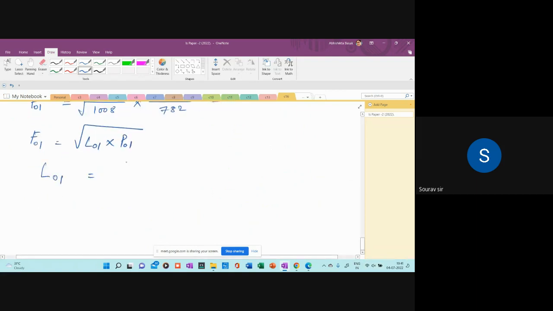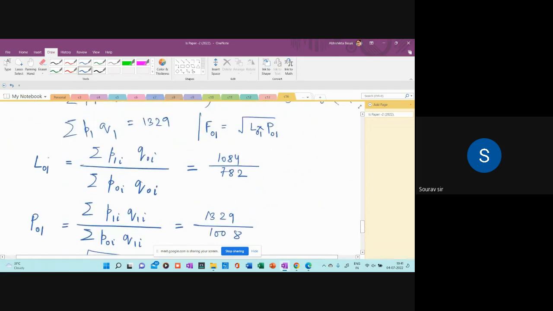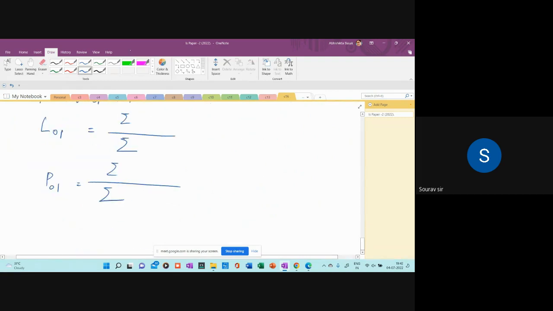What will be the formula of L naught 1? Let's check out the formula of L1 naught. It's going to be 1 naught, sorry.